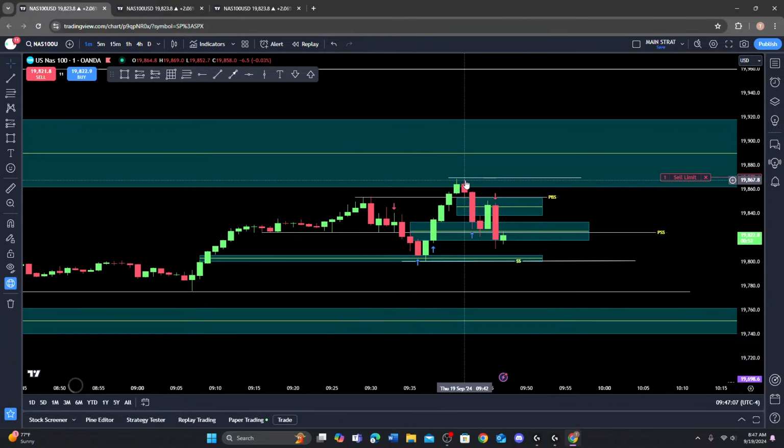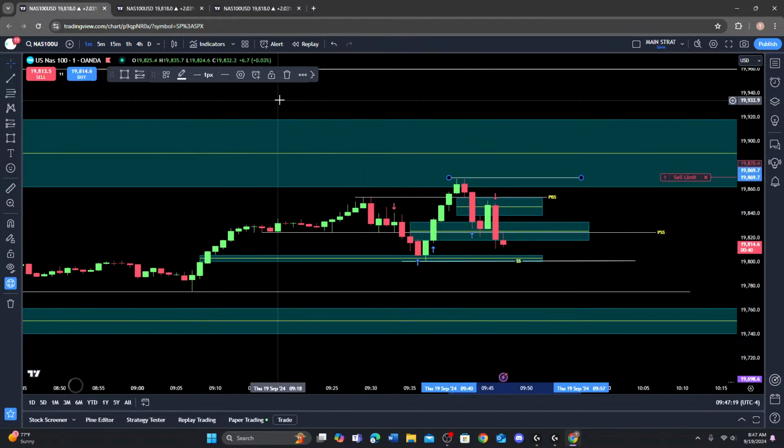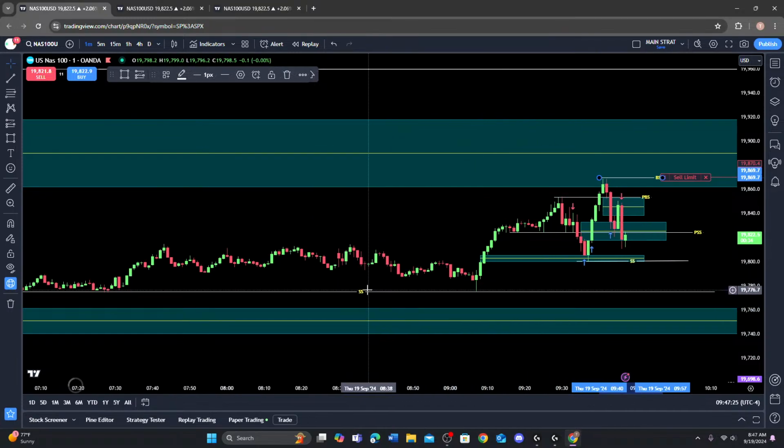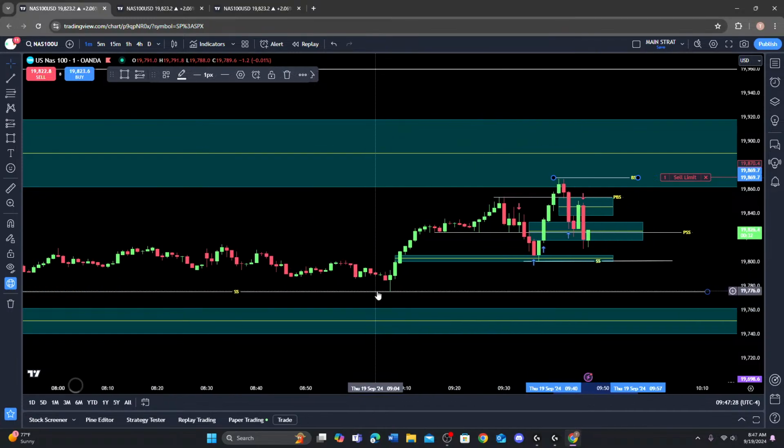We didn't really run very high off of that past the previous buy side. We just made 2 candles above it, and then this is a failure. This run here was a failure to take out this buy side. So we might see a retracement back down to the sell side here.